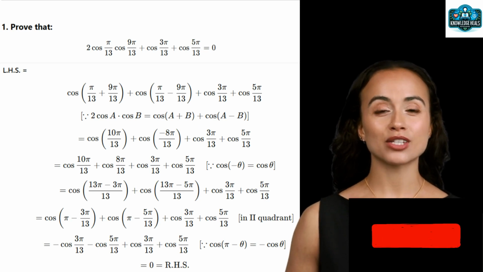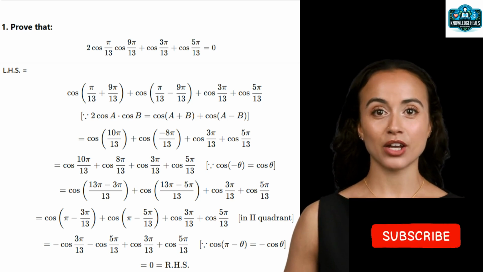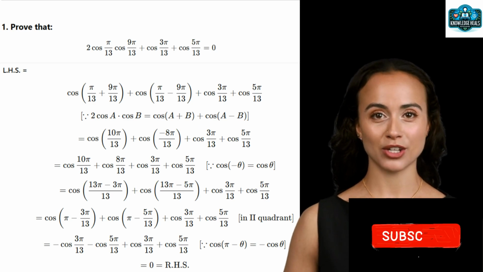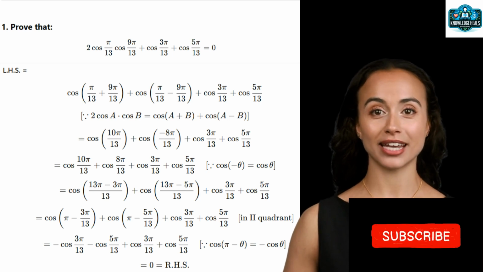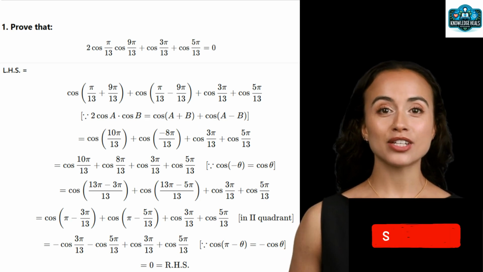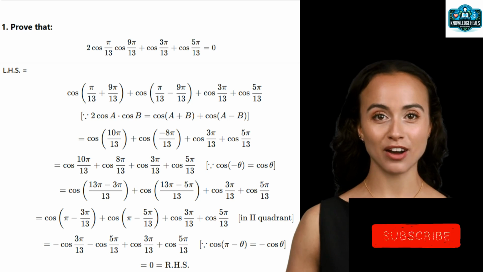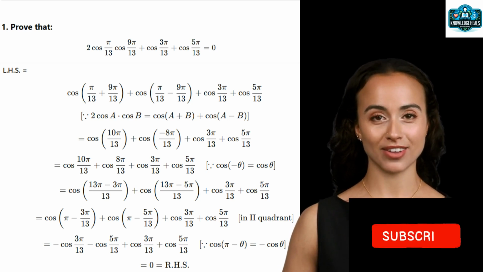Now we will make use of the identity cos of minus theta is equal to cos theta. Now we can again rewrite this equation, and we have to make sure the denominator remains the same so that you can prove it easily. Cos of 13 pi minus 3 pi by 13 plus cos of 13 pi minus 5 pi by 13 plus cos of 3 pi by 13 plus cos of 5 pi by 13.